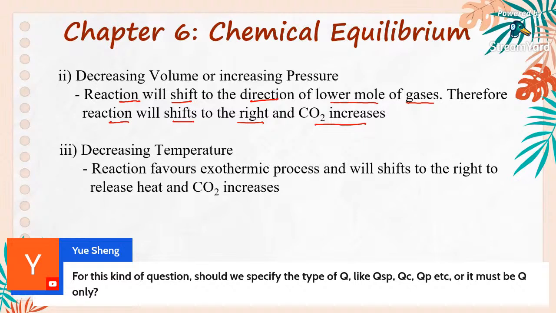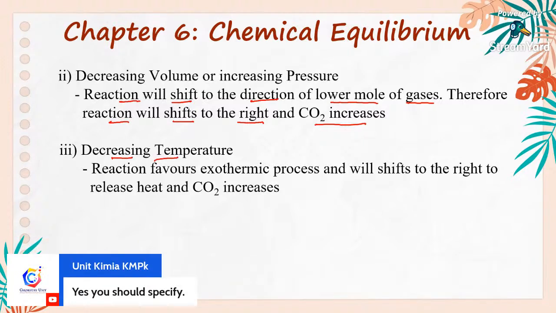And then you may also want to include temperature. Decreasing temperature is one of the factors. When you decrease the temperature, the reaction favors an exothermic process and will shift to the right to release heat, and CO2 increases.